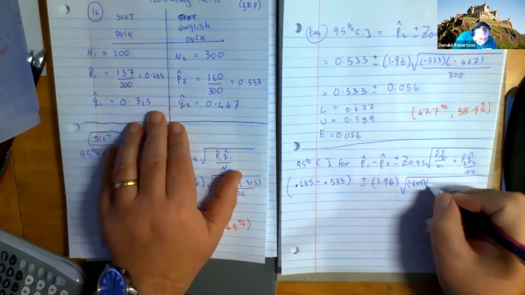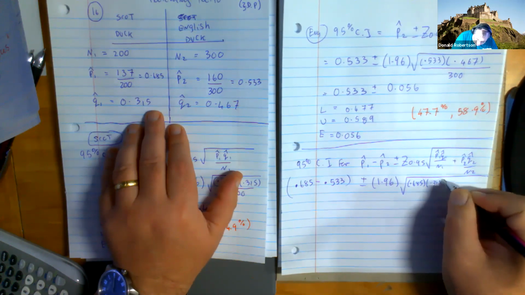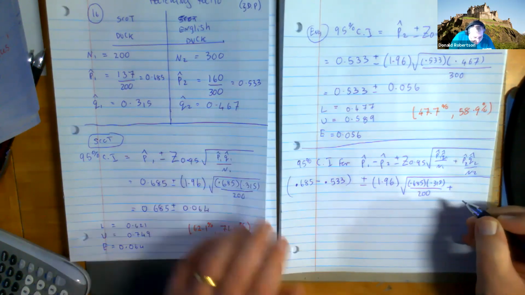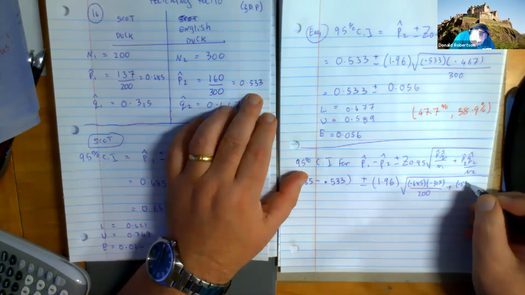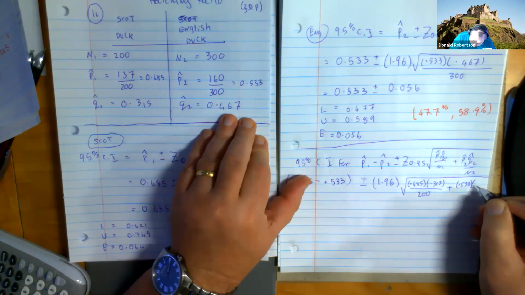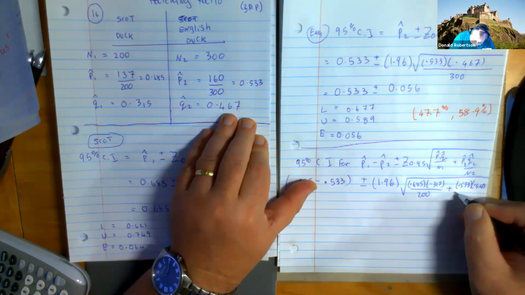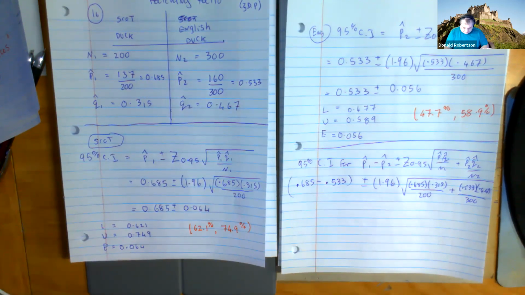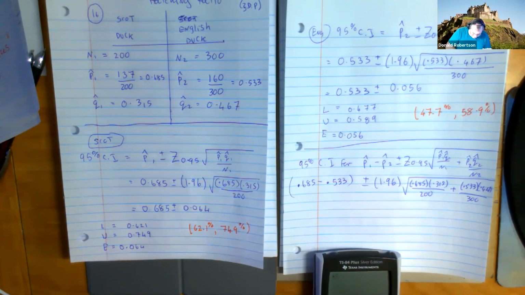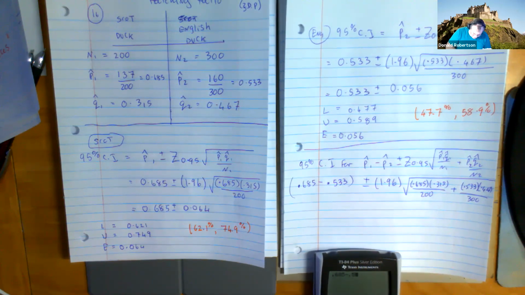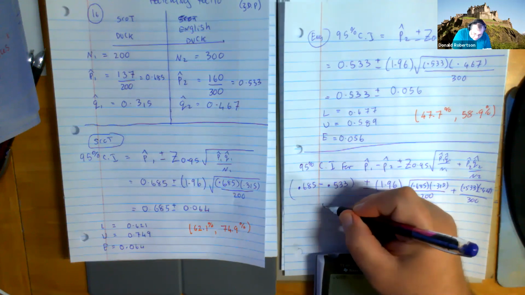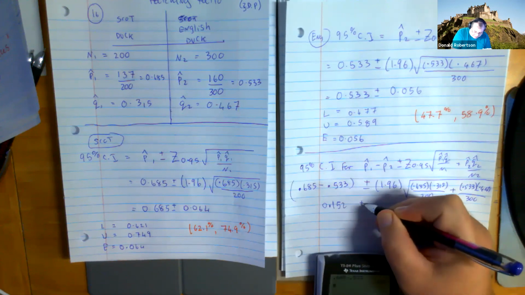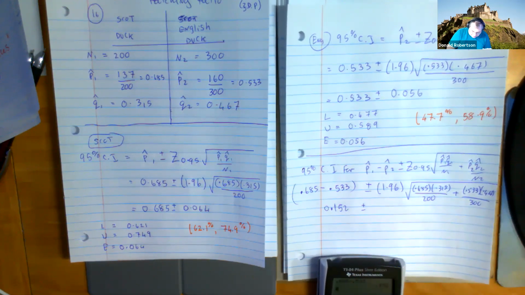0.685, 0.315, and 200 Scottish ducks. And the other one is 0.533, 0.467, and that's over 300. So 0.685 take away 0.533 gives me 0.152. Give or take this mess.